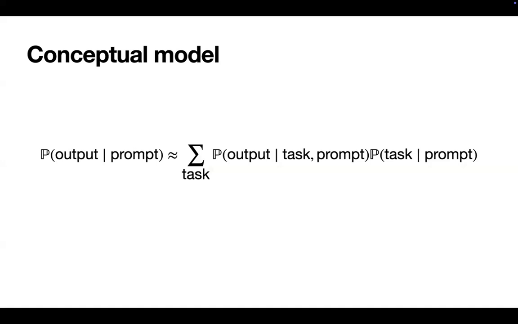It is informal, but we can think of the probability of output given the prompt as roughly the summation over tasks, where we take a product of the probability of output given task and prompt times the probability of task given prompt. So as some sort of Bayesian.